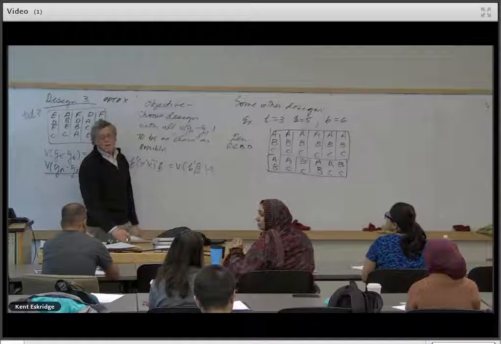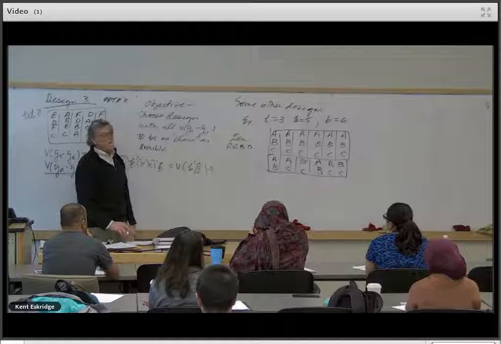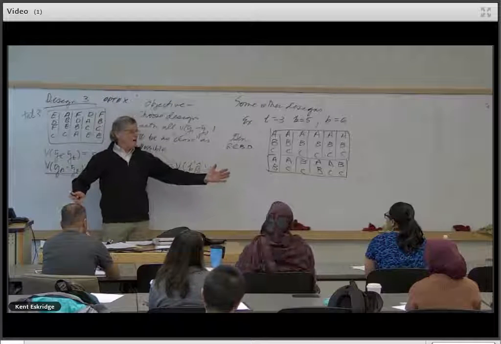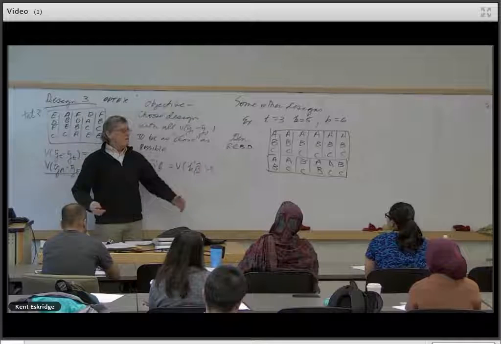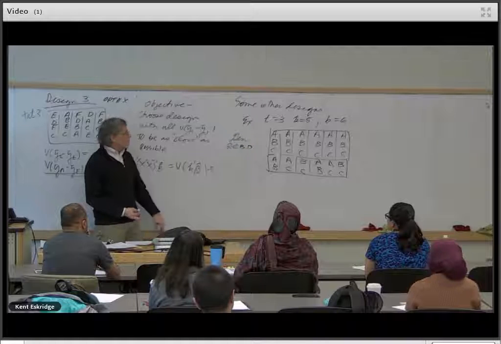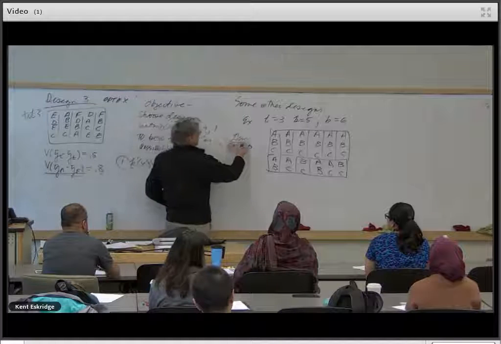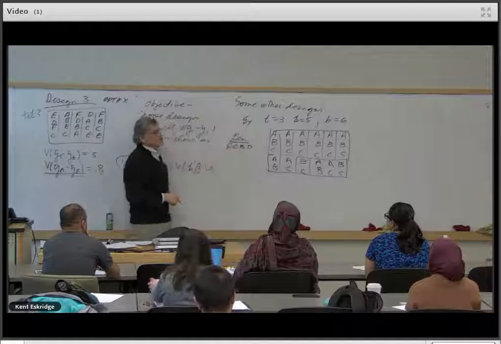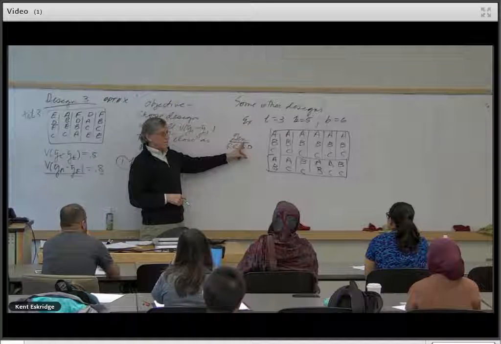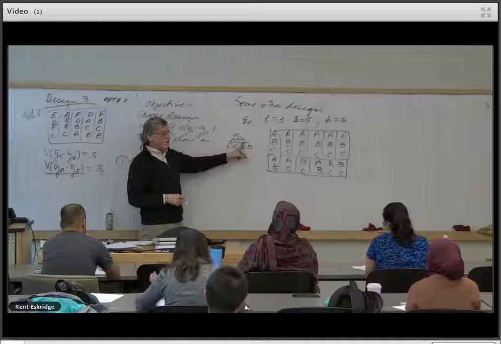Say my blocks can deal with 6 in a block, no problem at all. To me, it's just not very clear how you would call this one the same way as you would call the second. Well, the point is the word generalized. Generalized means you have more units in a block than you have treatments. That's all that means.